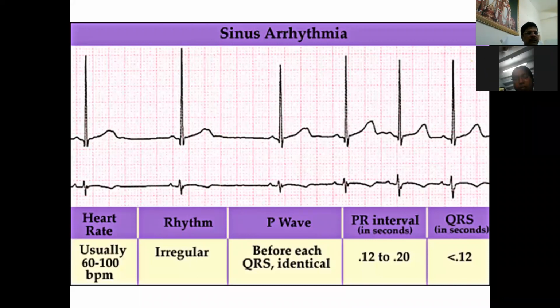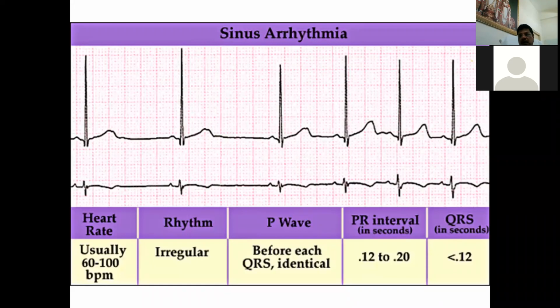So this Bainbridge reflex tells that during inspiration, intrathoracic pressure will decrease. So blood is sucked into the thorax. More blood is returning back to the heart. That is, the venous return is going to increase. So the right atrium gets stretched.